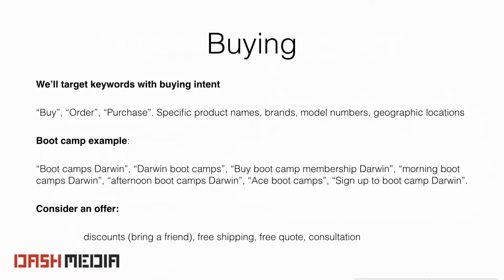So suddenly my campaigns are going to be based around targeting people who are searching for phrases like bootcamps Darwin, Darwin bootcamps, buy bootcamp membership Darwin, morning bootcamps Darwin, afternoon bootcamps Darwin. We're looking at people who are looking for bootcamps in the morning and the afternoon. We service both times of the day, so excellent.